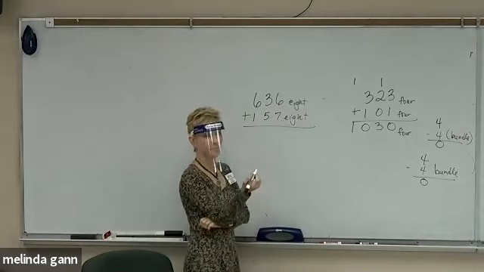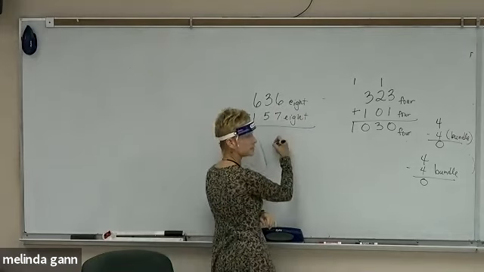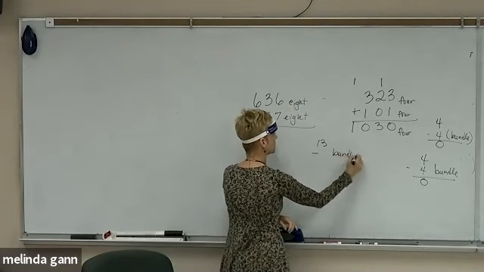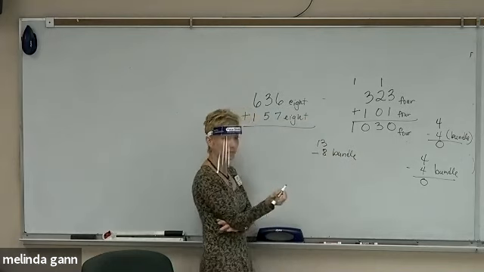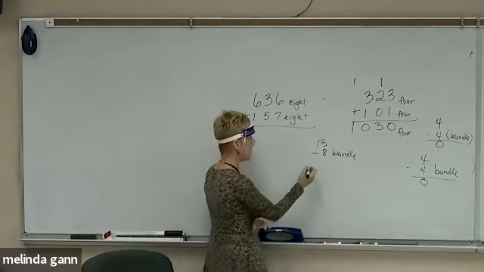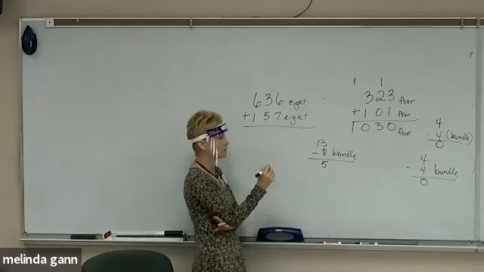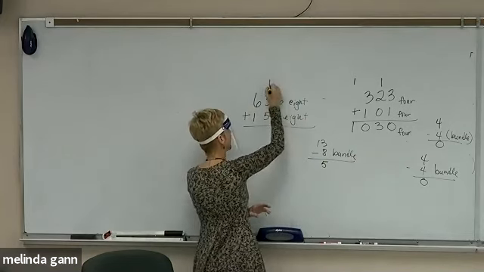What's 6 plus 7? 13. Can I have a 13? No. I'm going to make a bundle. How many going to be in this bundle? 8. Correct? How many is that going to leave me? 5. So I have 5 and I carry my bundle.